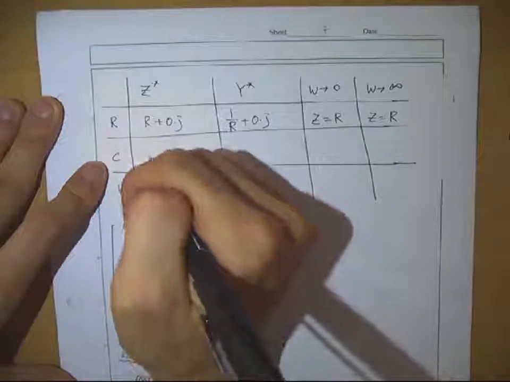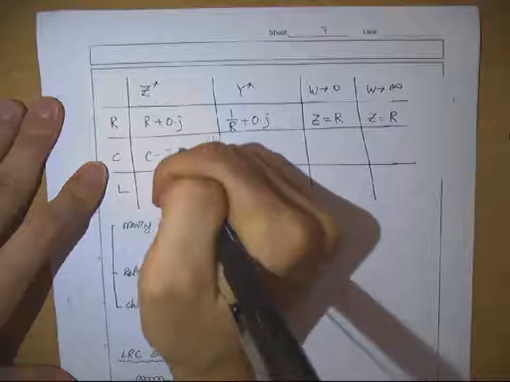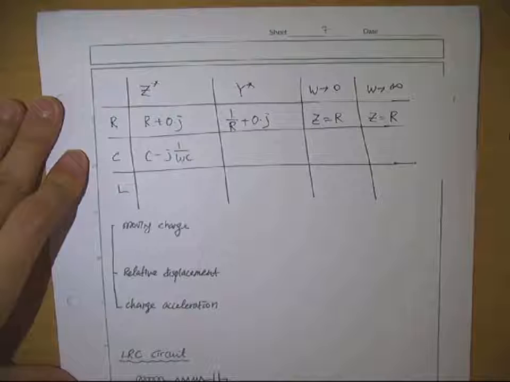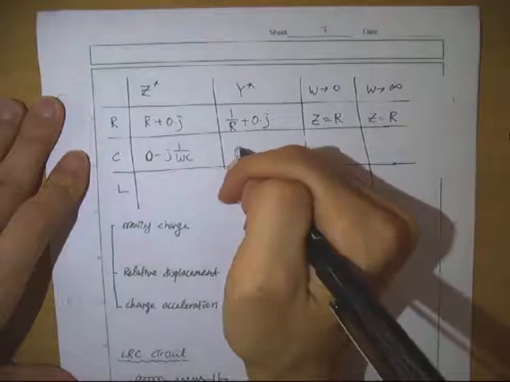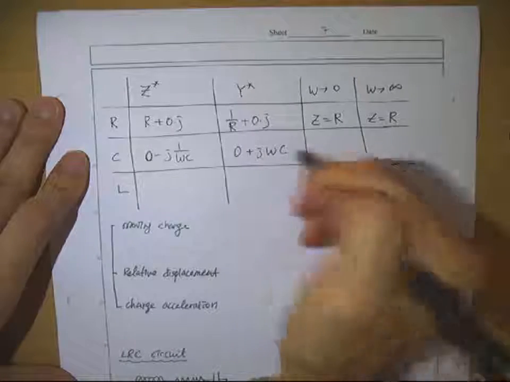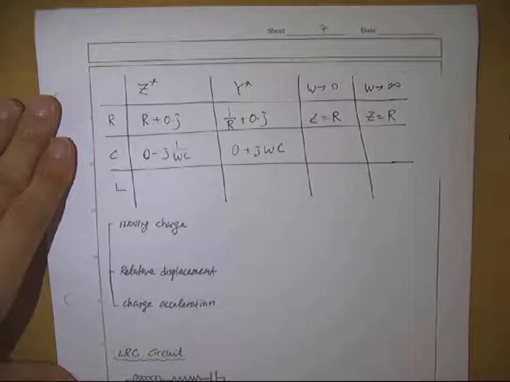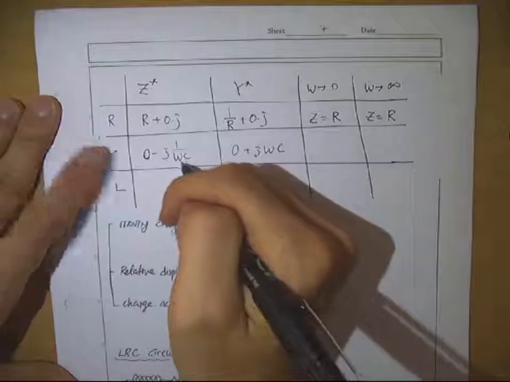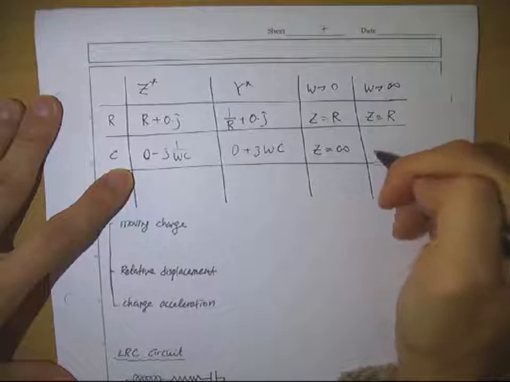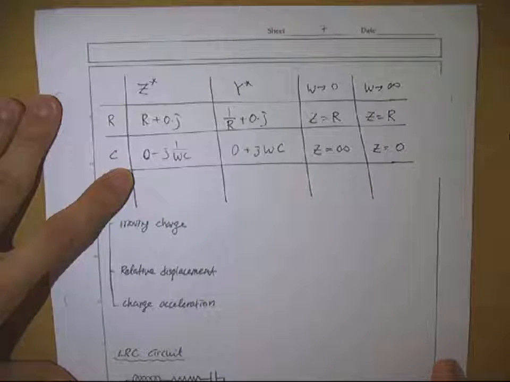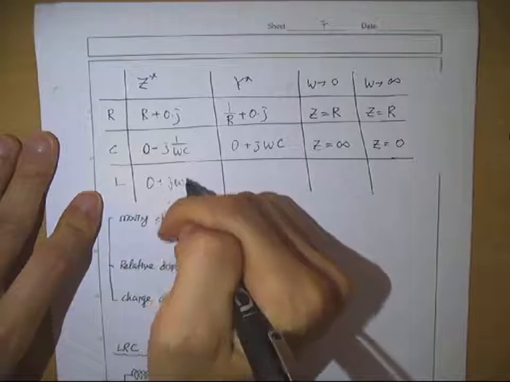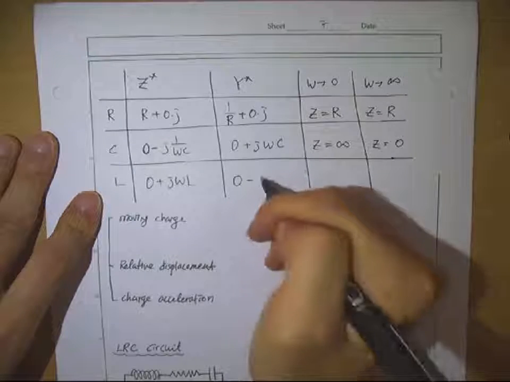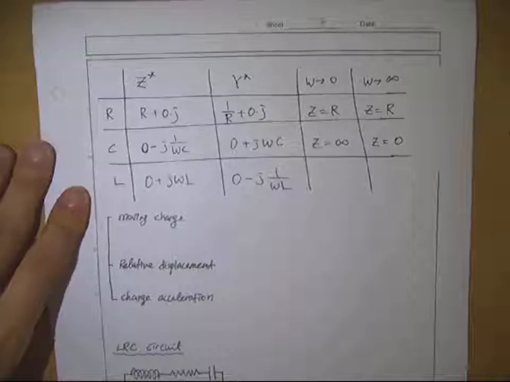And for the capacitor, the impedance is 0 minus j 1 over omega C. Then admittance will be 0 plus j omega C. And as omega goes to 0, impedance will go to infinity and goes to 0 when the frequency goes to infinity. And in the case of the L, it's 0 plus j omega L, and 0 minus j 1 over omega L for the admittance.